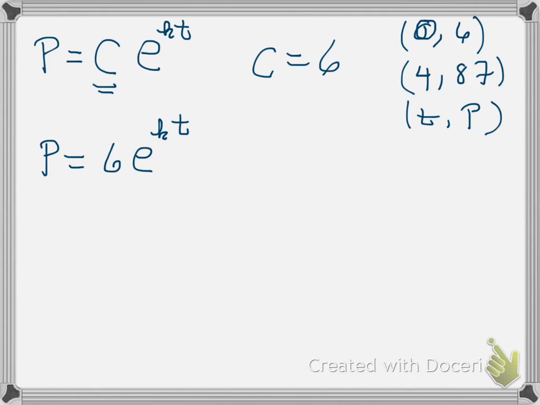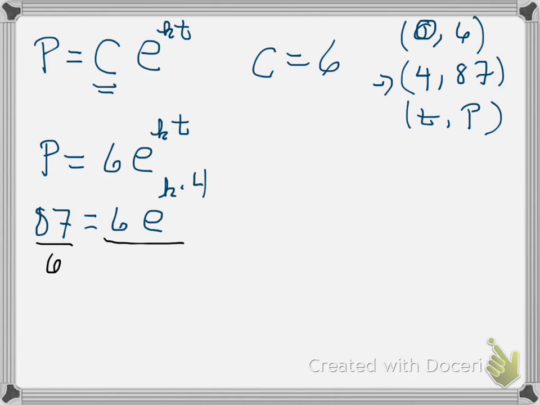Now, what we really want to solve for next is that constant k. Well, we've got this other point, (4, 87). So the population is 87. That equals 6 e to the k times 4. Okay. Now, the next thing we'd like to do is solve for that k. So I can do that first by dividing each side by 6.